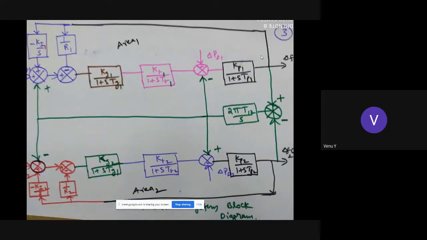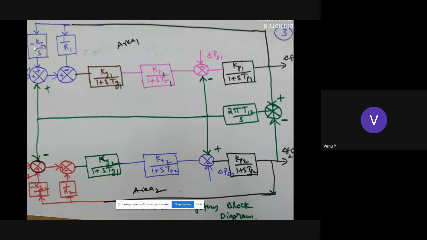So therefore it is expressed as area 1, area 2. In area 1 we have the power system or generator load model Kp1 over 1 plus s Tp1, and the turbine model and speed governing system. This delta F1 is passed through 1 by R1 at the summer, and one more signal delta F. In fact, you need to derive one more constant, that is the area frequency error beta 1.